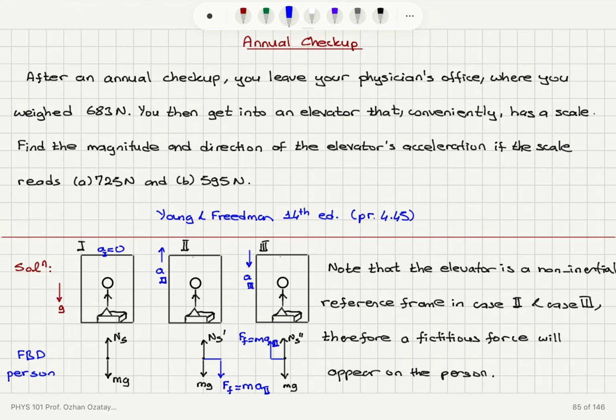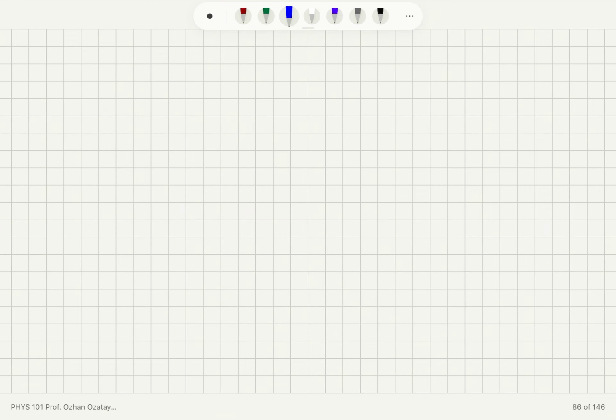Okay, so let's analyze these situations. So first of all, the true weight situation, we have case 1. In case 1, when the acceleration is 0, the elevator is an inertial reference frame. So all the forces are real. The normal force on the scale will be equal to the magnitude of the gravitational force, which gives us a reading of the true weight of the person.